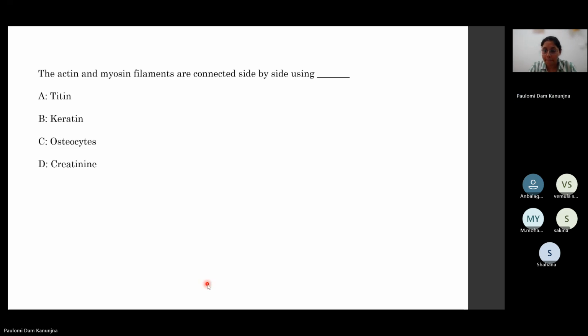Anyone? So it's titin or keratin, osteocytes or creatinine. I think you know the terms already. At least creatinine, osteocytes, keratin, you would have definitely heard. So do you think titin or any of these, I mean, out of these, which one has the role in this connection?